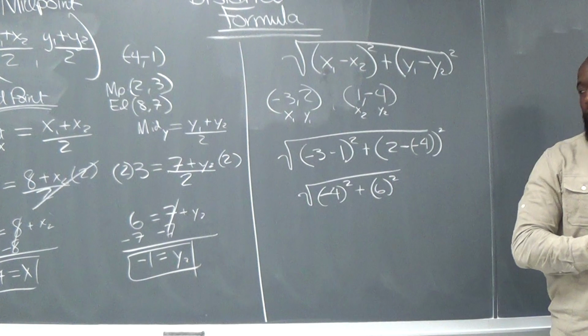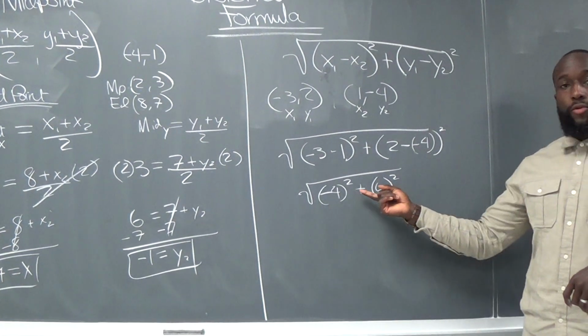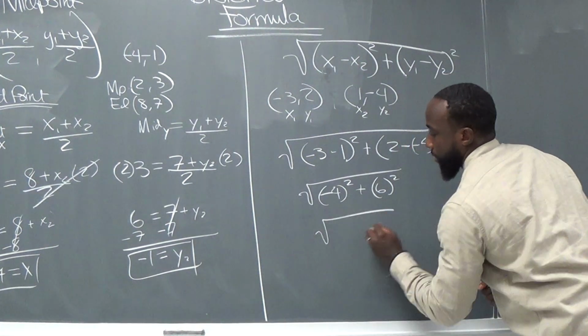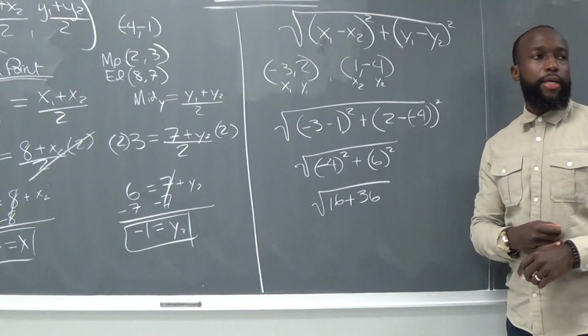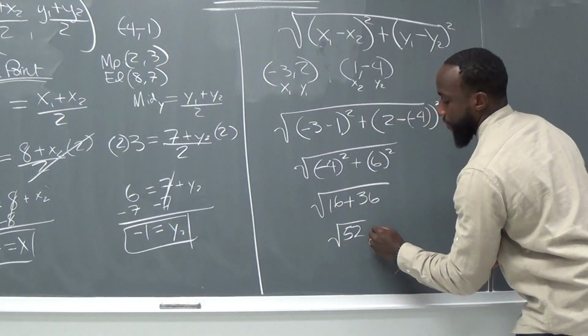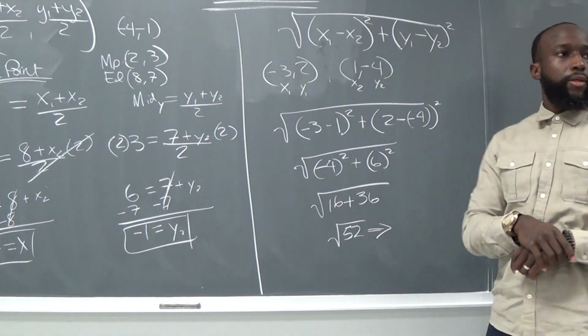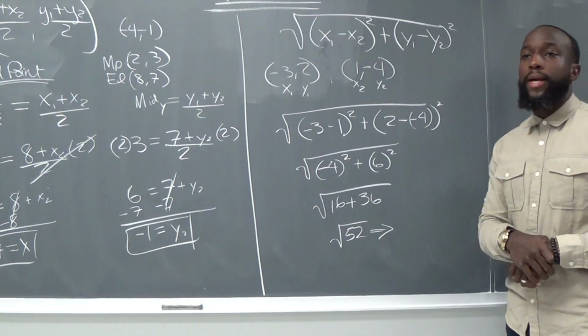From here, we square it, so it'd be 16 plus 36. 16 plus 36 is 52. So now, from here you take the square root of 52. Do we have to break it down? You may or may not have to break it down.